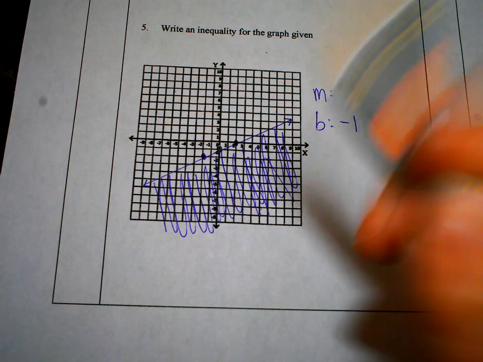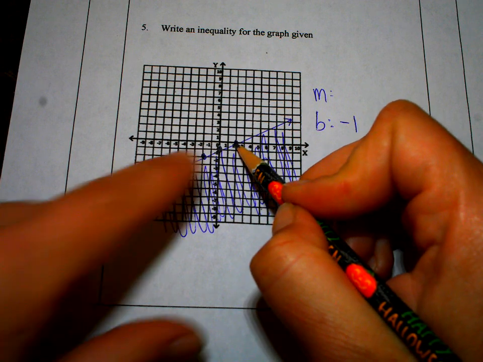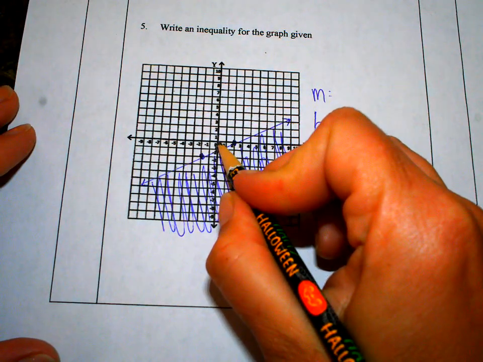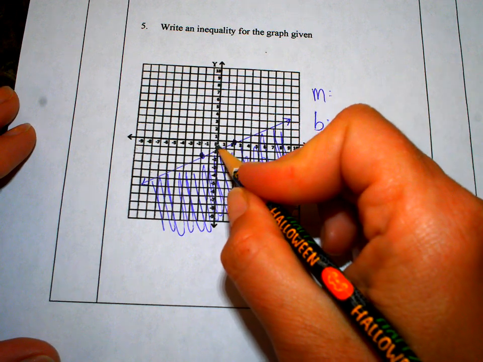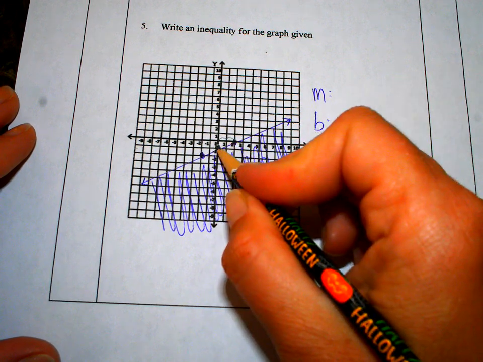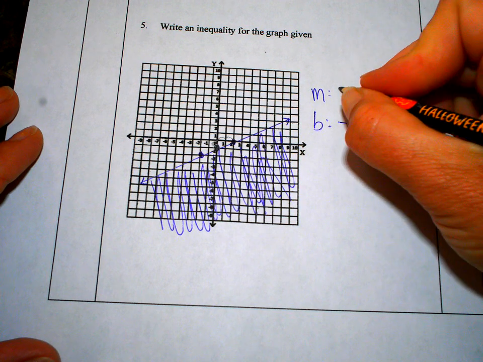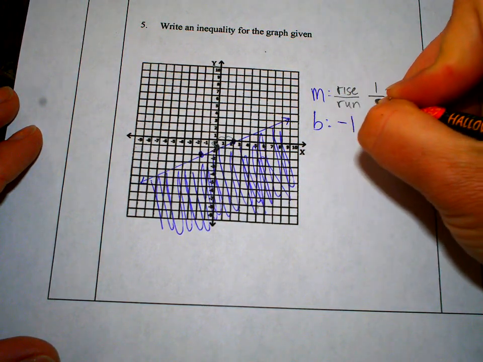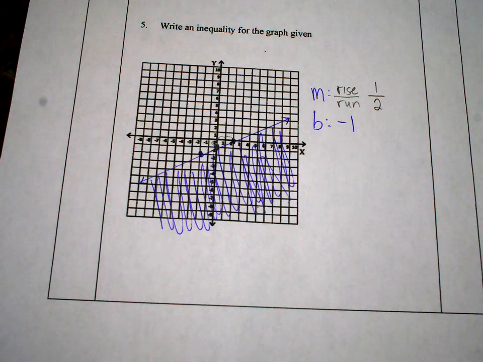How did I go from here to this dot? So rise 1, and I run 2. All right, now that's my m and my b.